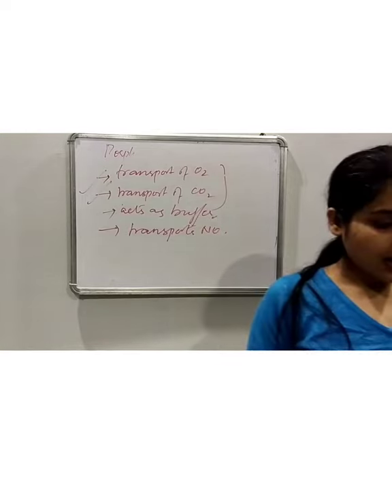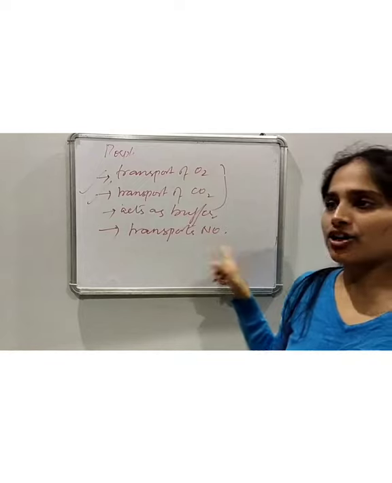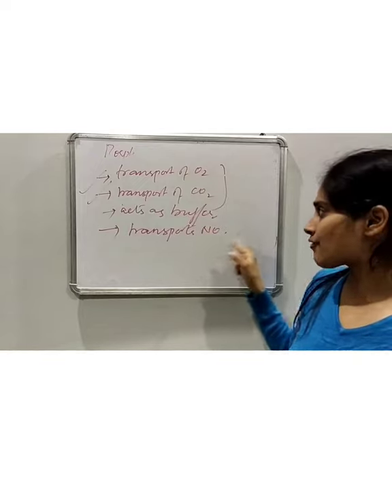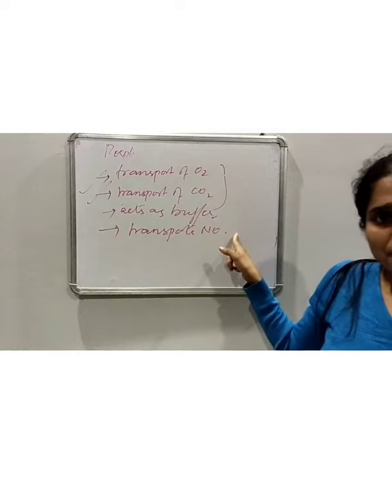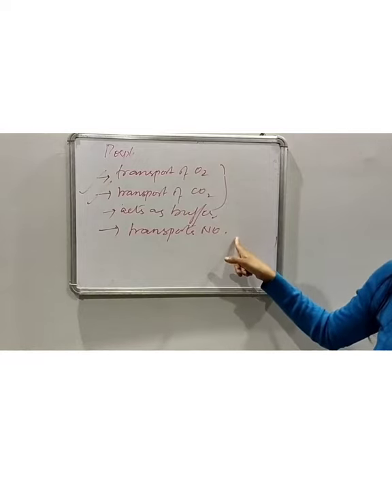In which part of the peptide chain is this affinity present? It is present in the beta chain of the hemoglobin molecule.